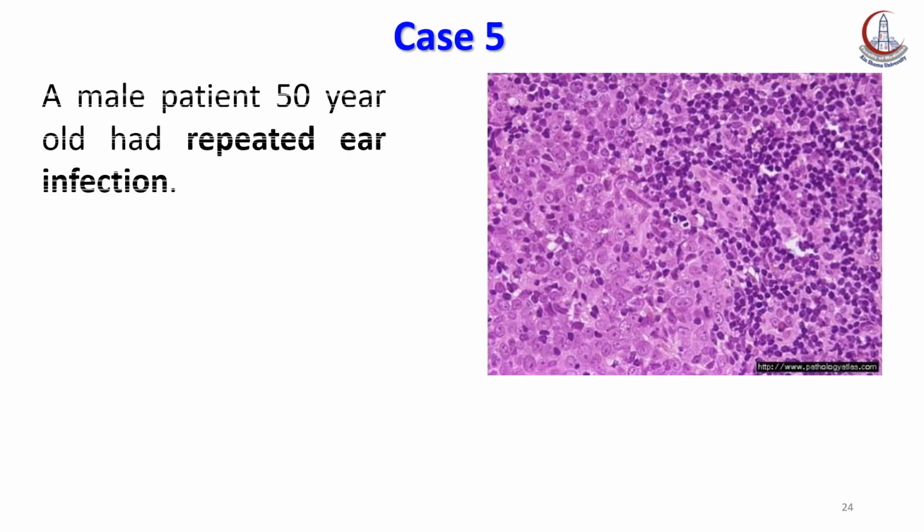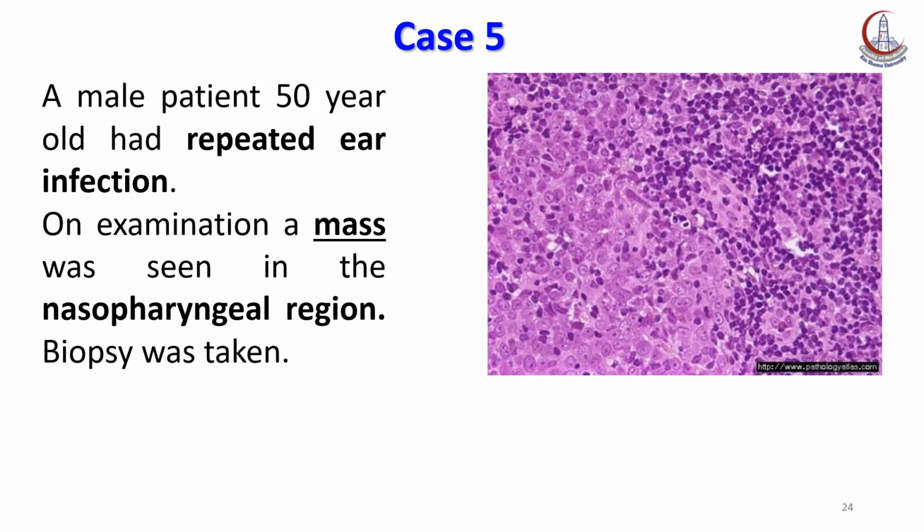Case 5, a male patient, 50 years old, had a repeated ear infection. On examination, a mass was seen in the nasopharyngeal area. A biopsy was taken, and this is the microscopic picture of this biopsy, showing two different cell types. Here are the epithelial cells and the small lymphocytes in between.